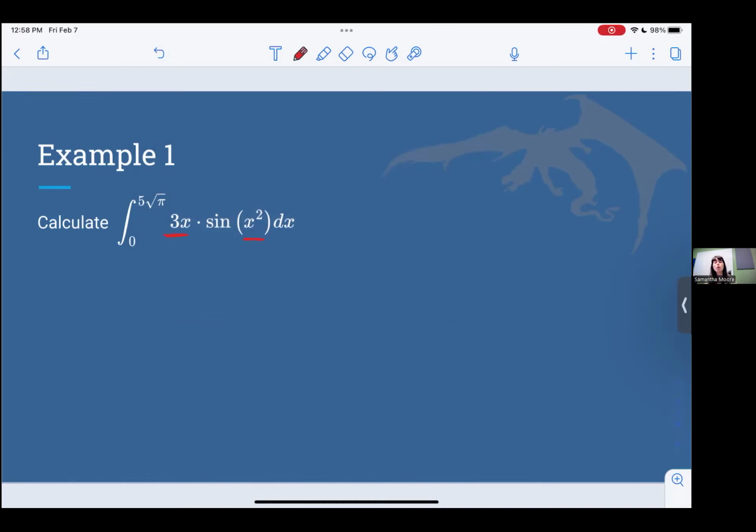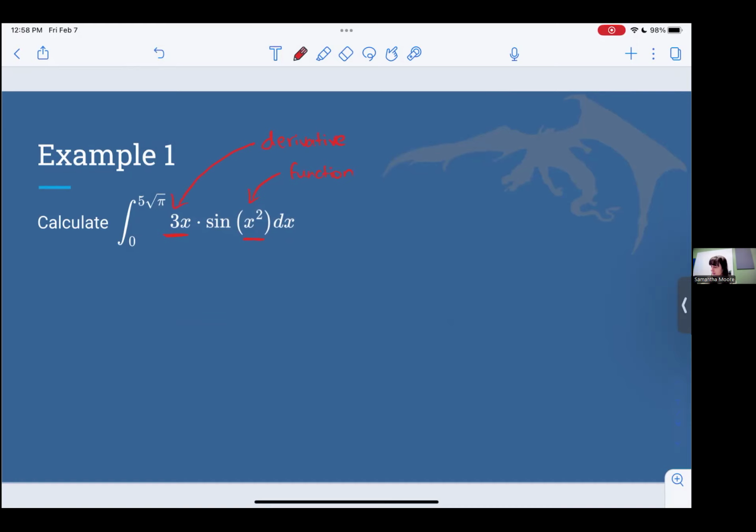Now, 3x is not quite the derivative of x squared, but it's a multiple of it, so that's good enough. This is my key, my intuition that maybe I'm looking at U substitution: I see a function and its derivative up to a constant.